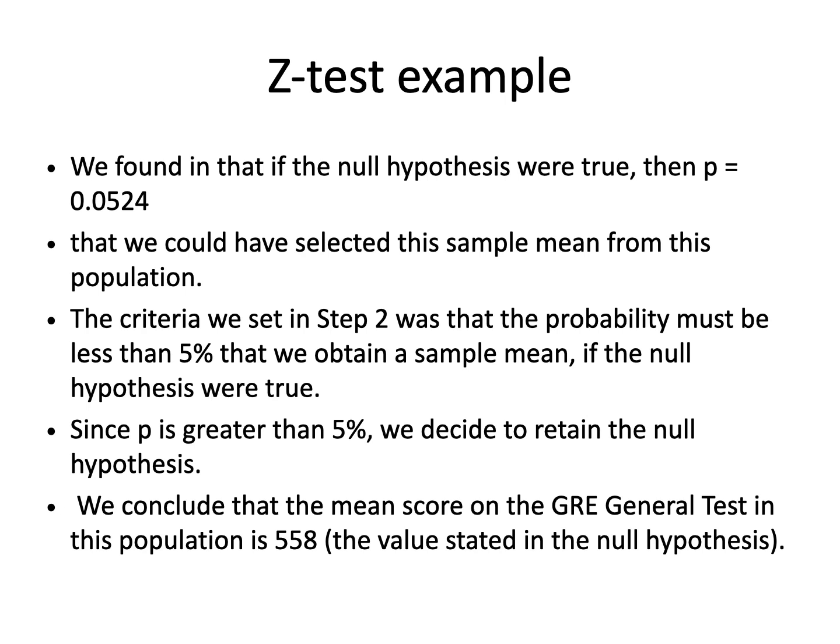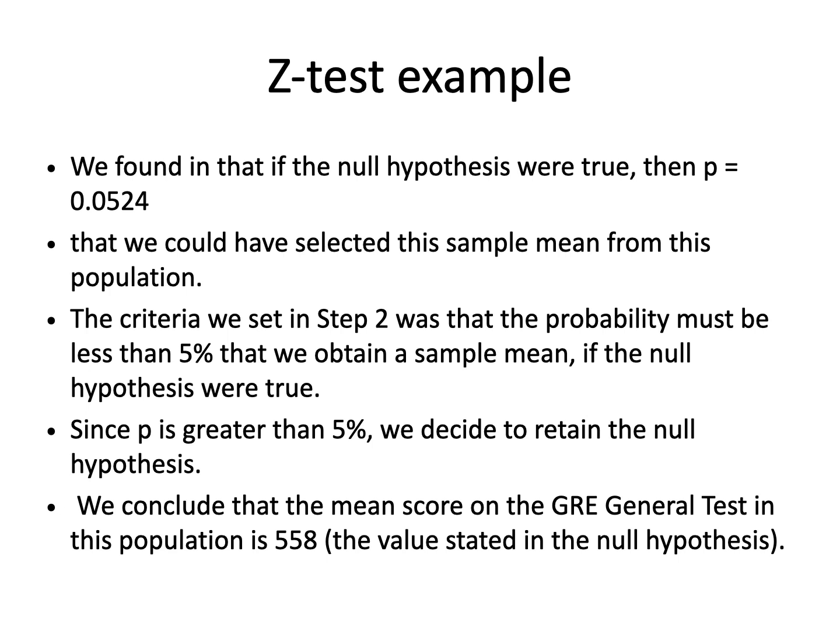The criterion we set in step 2 was that the probability must be less than 5% that we obtain a sample mean if the null hypothesis were true, and we see here p is greater than 5%, or 0.05.